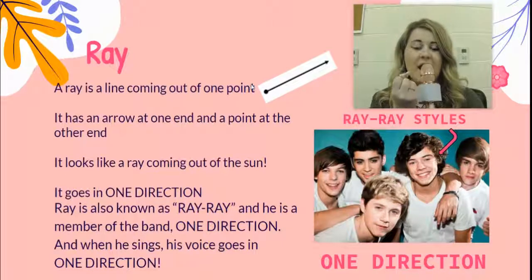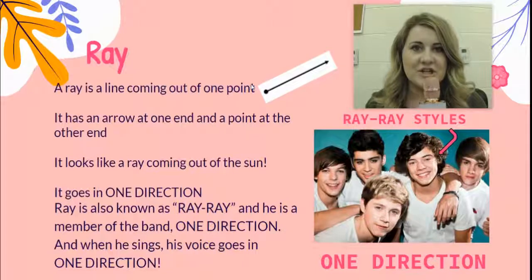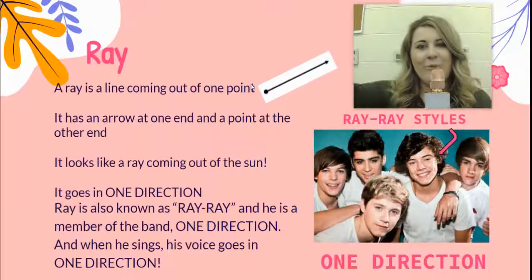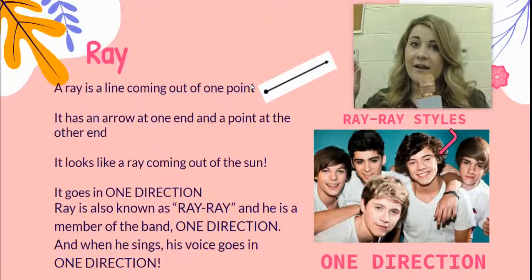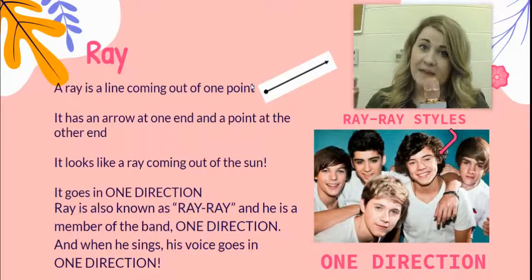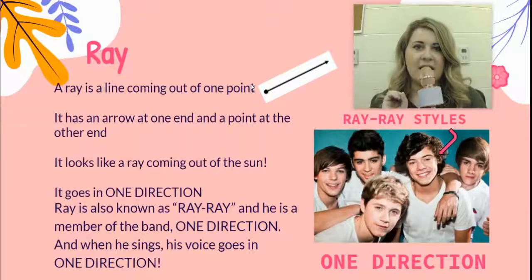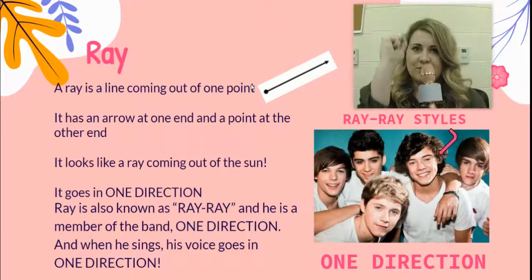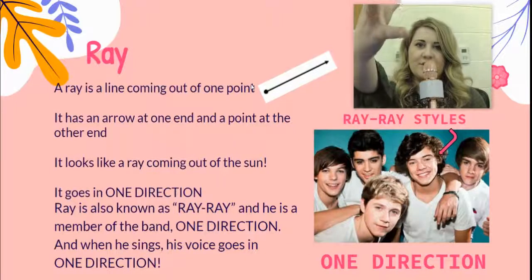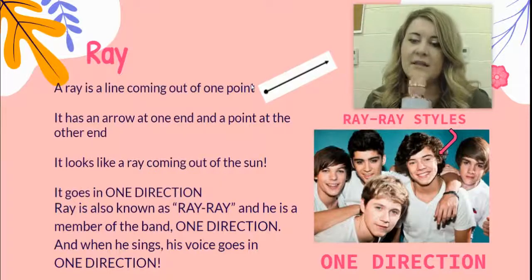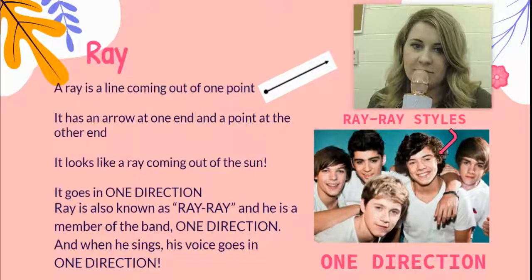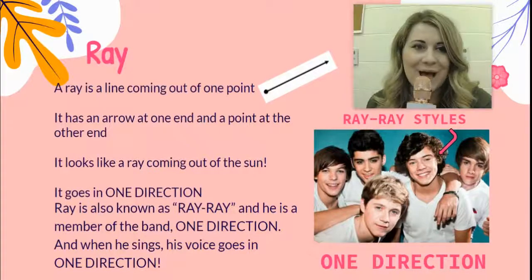We got Ray, and he's singing in one direction. That is Ray. So a ray, not an array. An array is in multiplication, but this is just a ray. So the ray goes in one direction, and it has one point, and then it sings out in one direction forever.